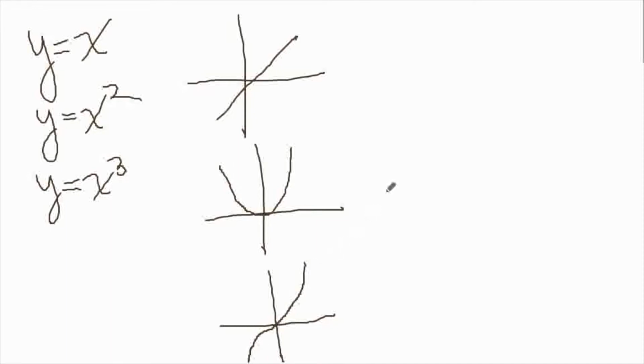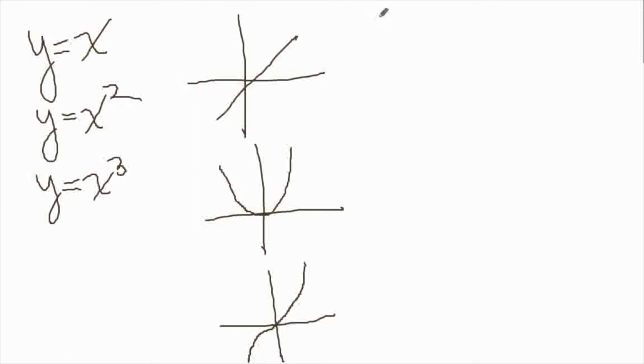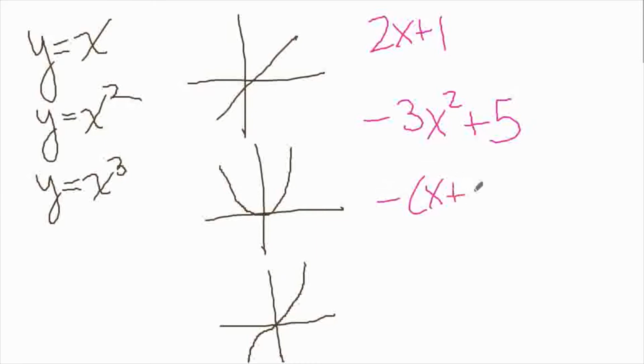If you memorize those, remember that you can get other expressions related to those by remembering your transformations. So like 2x plus 1, you can get the graph of that, or minus 3x squared plus 5, and then for the cubic, minus (x plus 7) cubed divided by 6 plus 10.